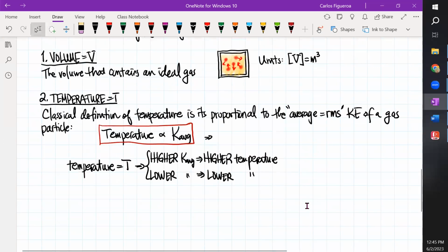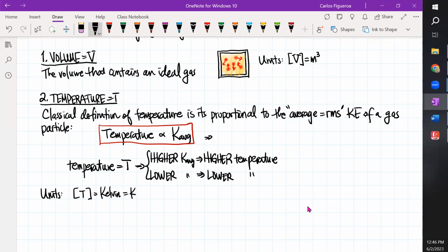Now, the units of temperature are still SI units, but it's known as the absolute temperature scale. So the units of temperature are in Kelvin, which are written K. There's no degree.